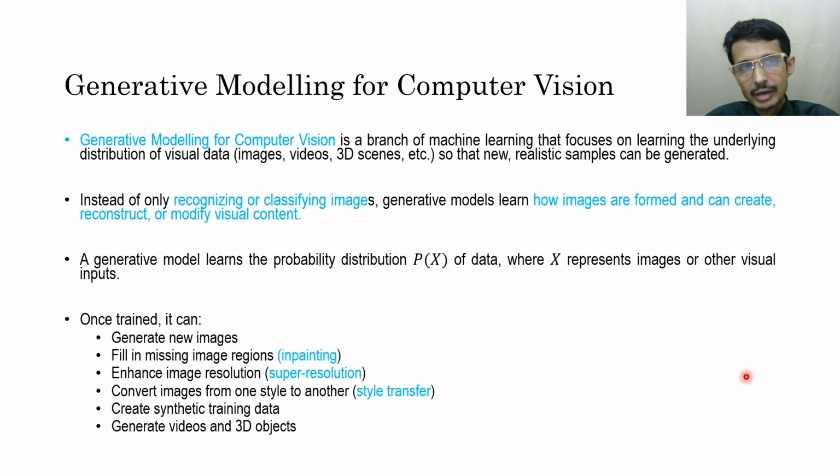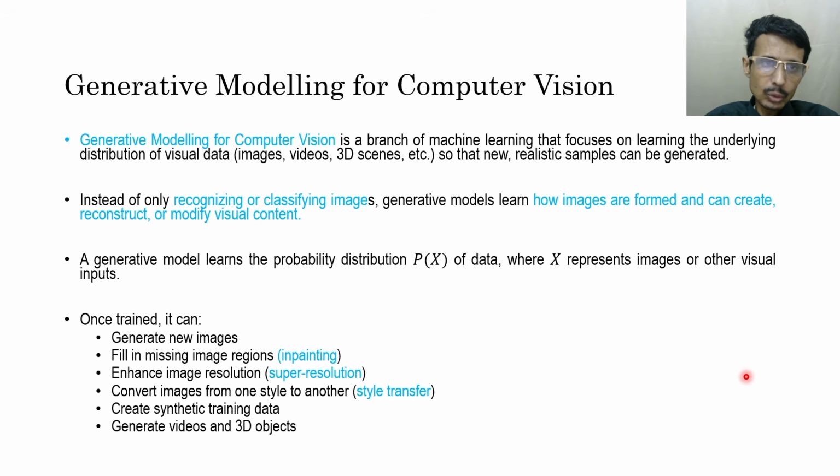As we have understood already, generative modeling is basically a branch of machine learning that can have a wide range of applications in computer vision. It focuses on learning the underlying distribution of visual data, like images, video, 3D scenes, etc., so that it can create new realistic samples.